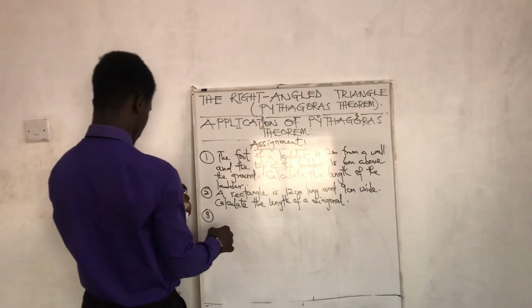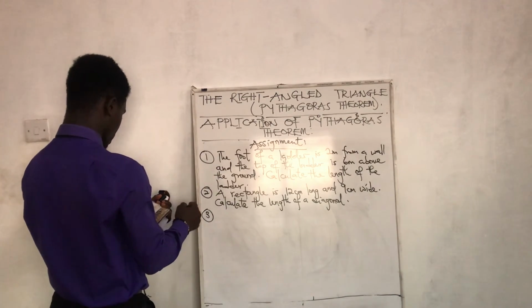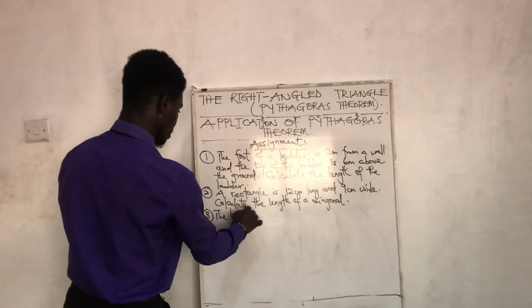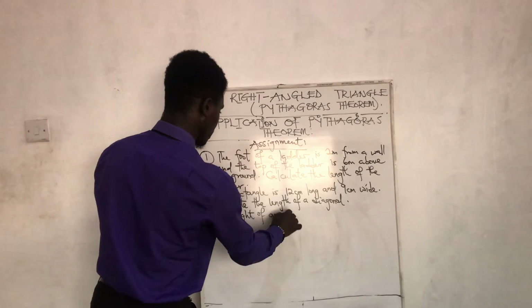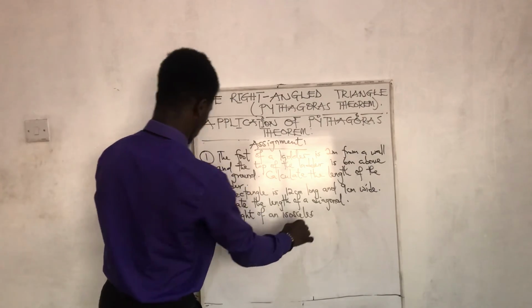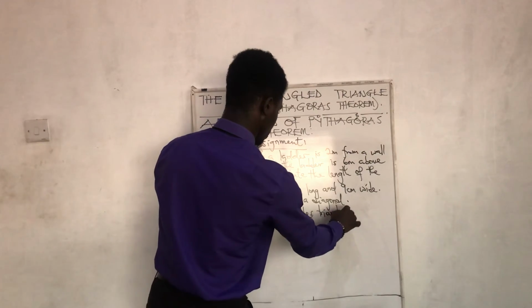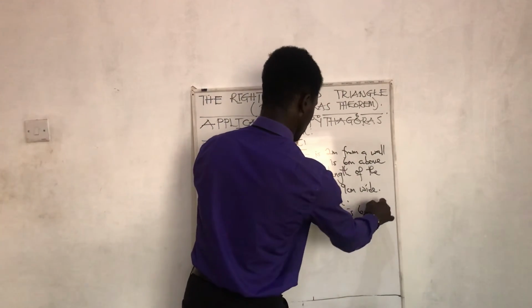Number 3. The height of an isosceles triangle is 6 centimeters.